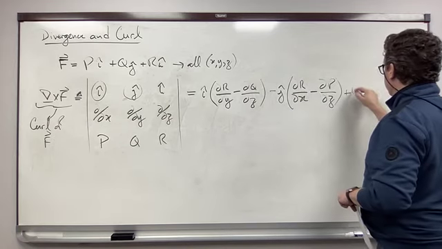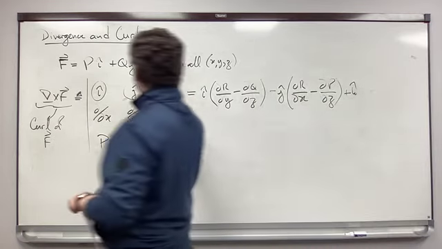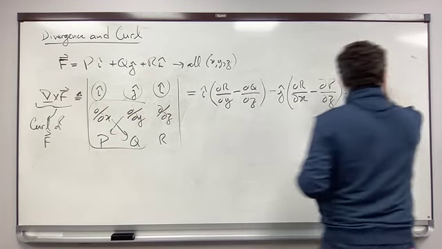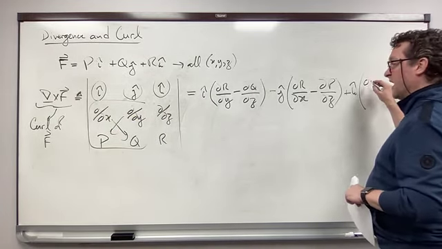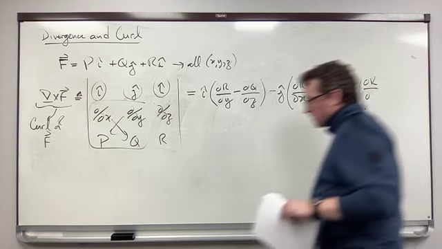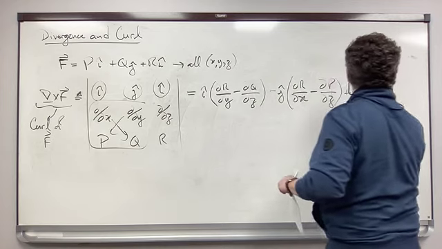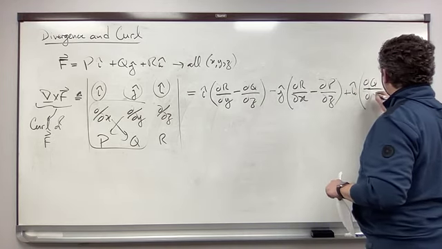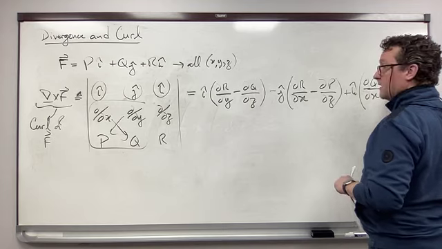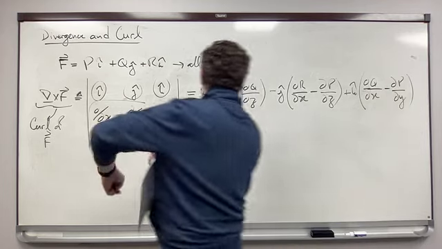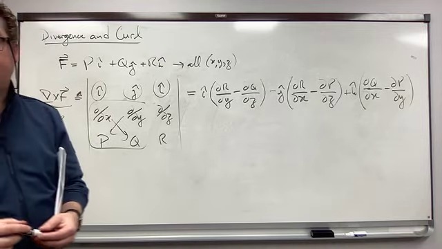Then finally you go plus k, because now you look at what's left: ∂Q/∂x minus ∂P/∂y. Now that's it.